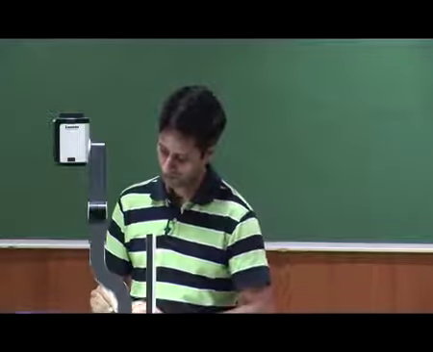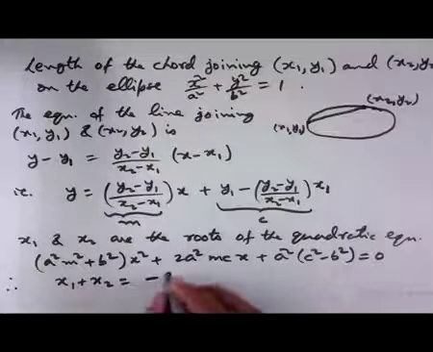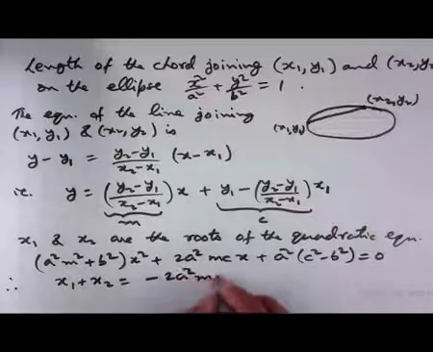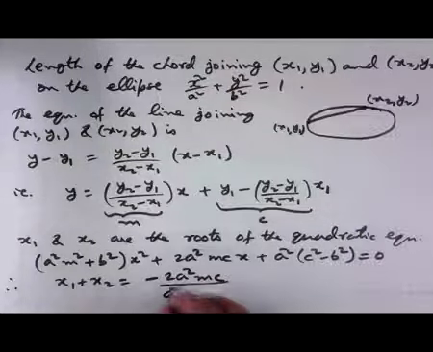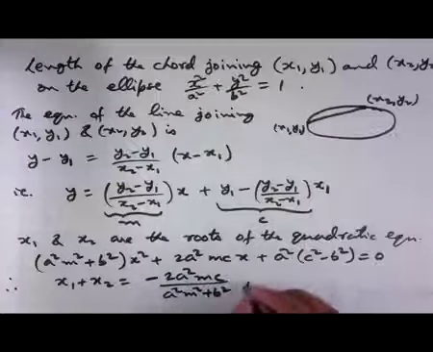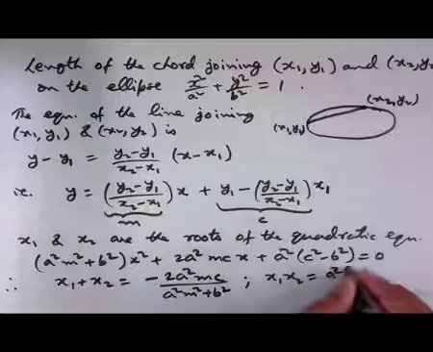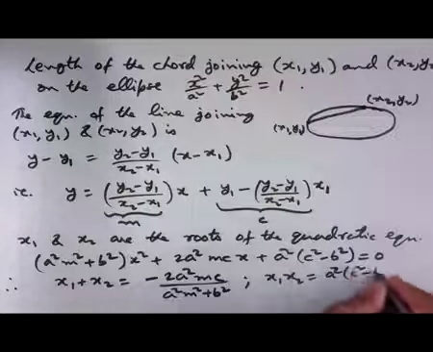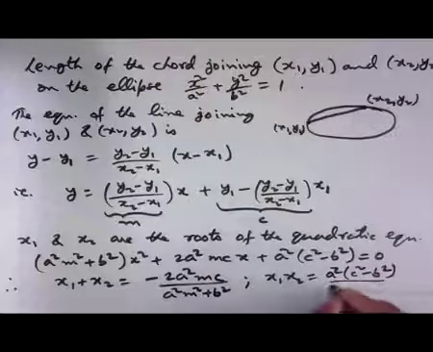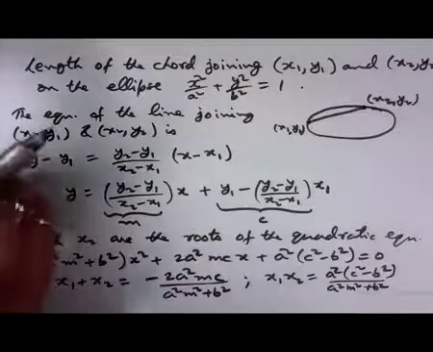So, this implies x1 plus x2 is equal to minus of the coefficient of x divided by the coefficient of x square, and x1 times x2 is equal to (a square c square minus b square) by (a square m square plus b square), where m and c are given as above.